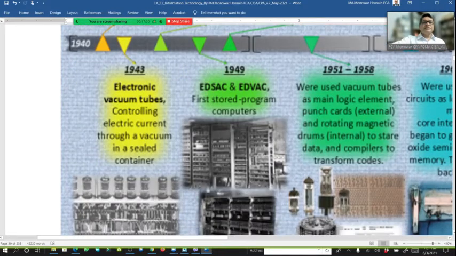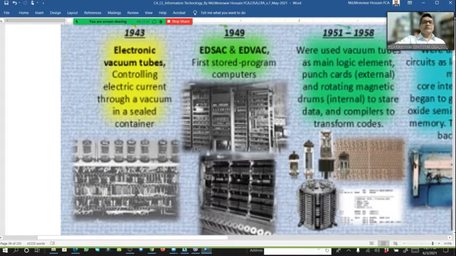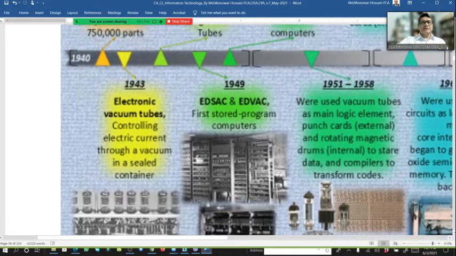In 1943, the electronic vacuum tube controlled electronic current through a vacuum in a sealed container.